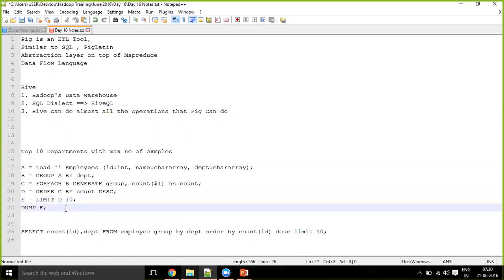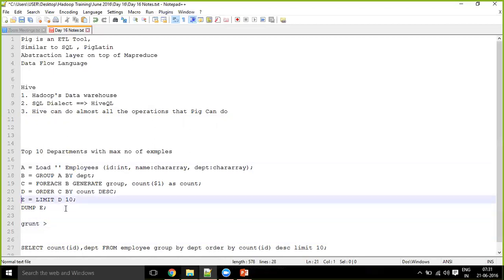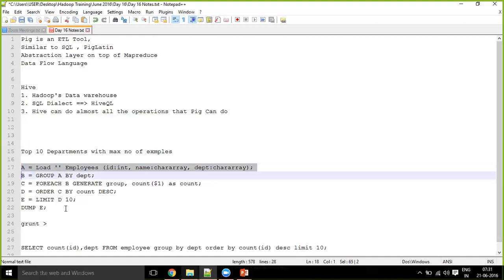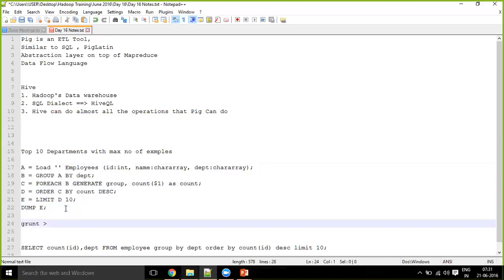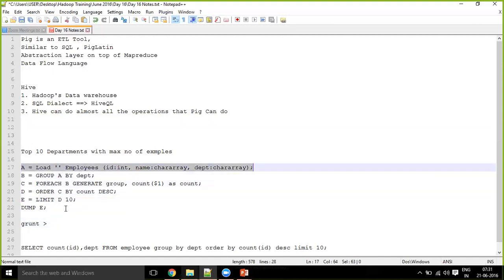After dump E, if I come out of the grunt shell, again I need to load this table and do the sequence of steps. So at least this loading statement is more like a creation of a table, because you are telling the path and you are telling the schema every time.